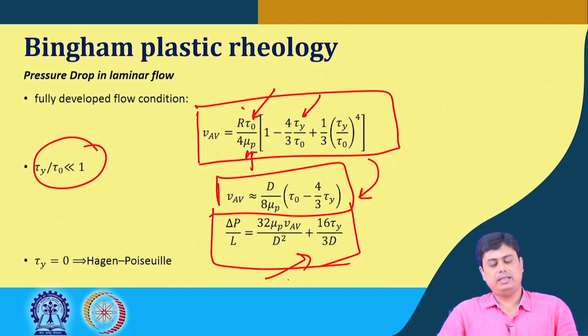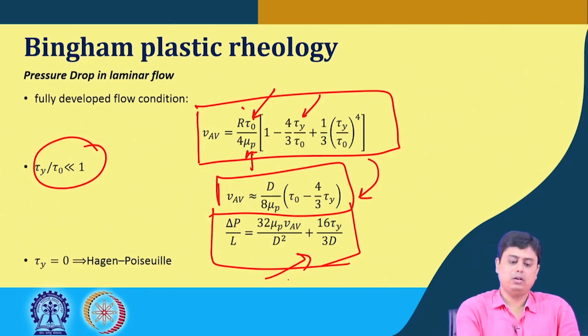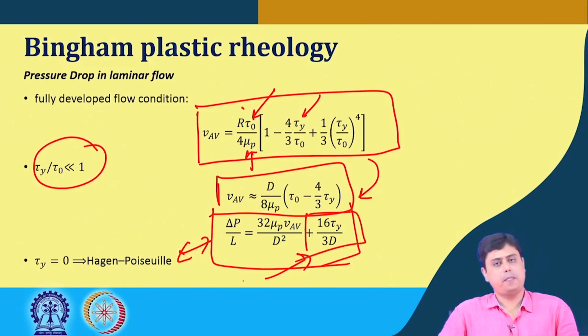And interestingly, if we see in this expression, if the yield stress is 0, which means this becomes a Newtonian fluid, and it should fall back to the Hagen-Poiseuille equation, because this part is then gone, because tau y is 0.